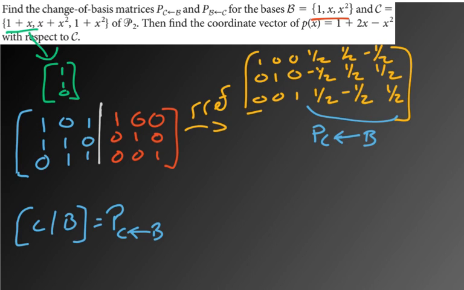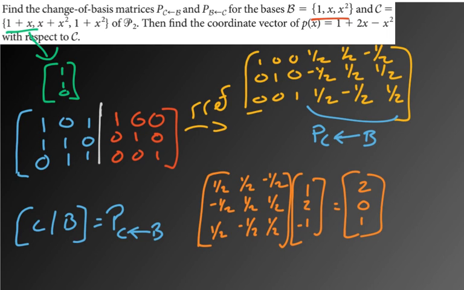If I want this vector written in terms of C, I just start by writing it in terms of B, and I can multiply it by that thing I just talked about, and it will give me the vector in terms of C. So this is my P that sends B to C, and this is just x written in terms of B, and this is now x in terms of C.